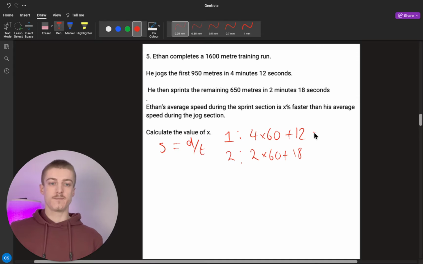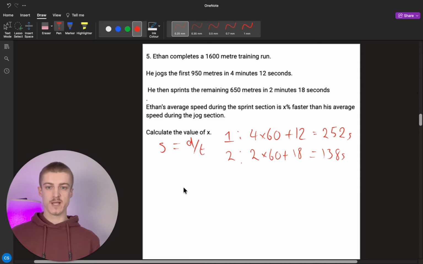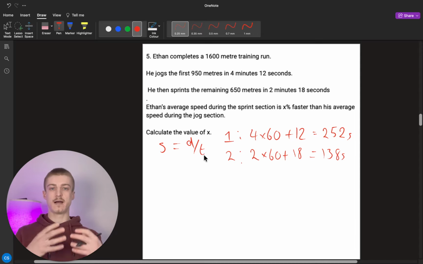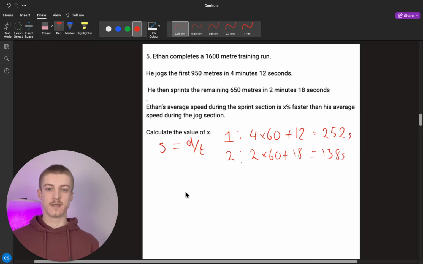This is 252 seconds, and this is 138 seconds. Okay, now average speed, average speed, total distance over total time. Speed 1 is 950 over 252.